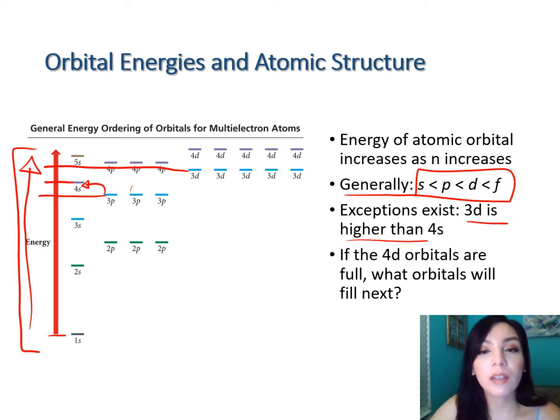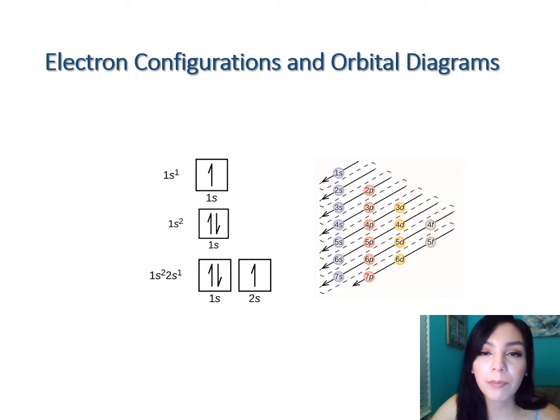Now, luckily, we have this nice little diagram that can help you understand this order. You don't have to sit here and pull this particular graph out every single time. But here I want to pose this question. If the 4D orbitals are full, what orbitals will fill next? So I'm going to show you this little diagram. So 4D orbitals, you find it, and then in order to figure out what's going to fill next, you just follow the arrow, right?